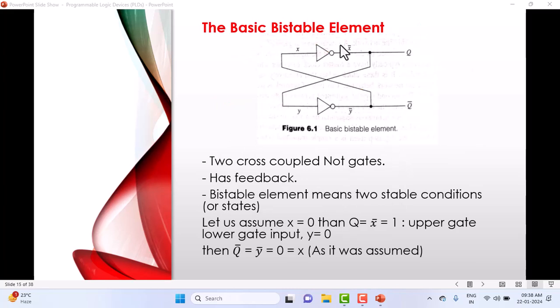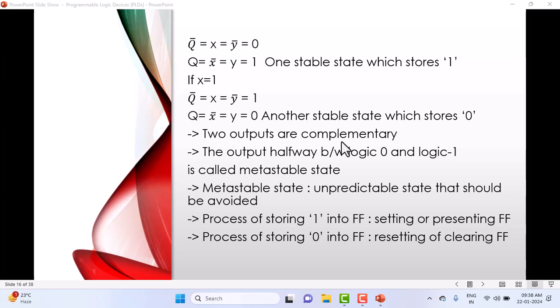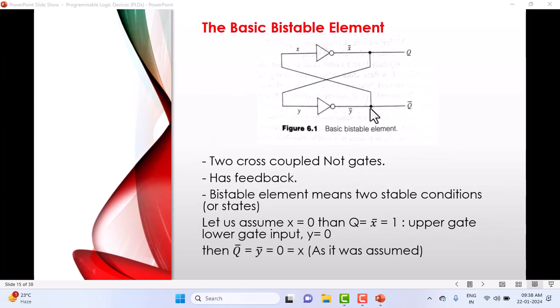In this we have shown how to build a latch using two NOT gates. And we explained there's a feedback connection: the output of one is the input of the other NOT gate. Through this cross-coupled connection, we can establish a memory. If Q is 1 and Q bar is 0, we are storing logic 1 in that cross-coupled connection.